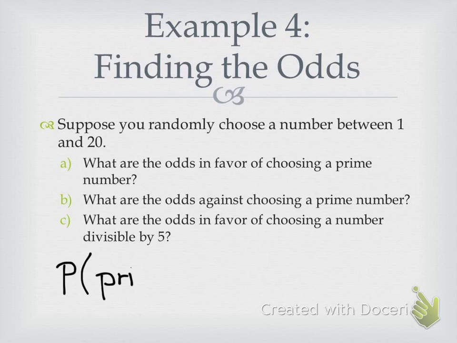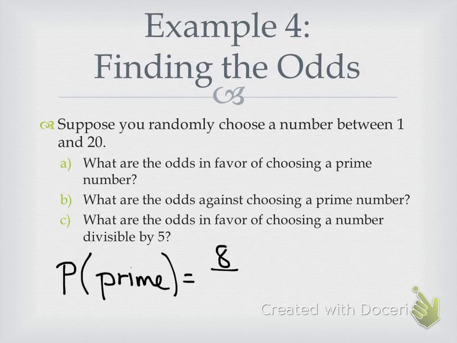So probability that it's prime equals favorable over total. Is that the formula? No. Favorable over unfavorable. Well, how would I figure out unfavorable? 20 minus 8. Why did you do 20 minus 8? Because that's the total.